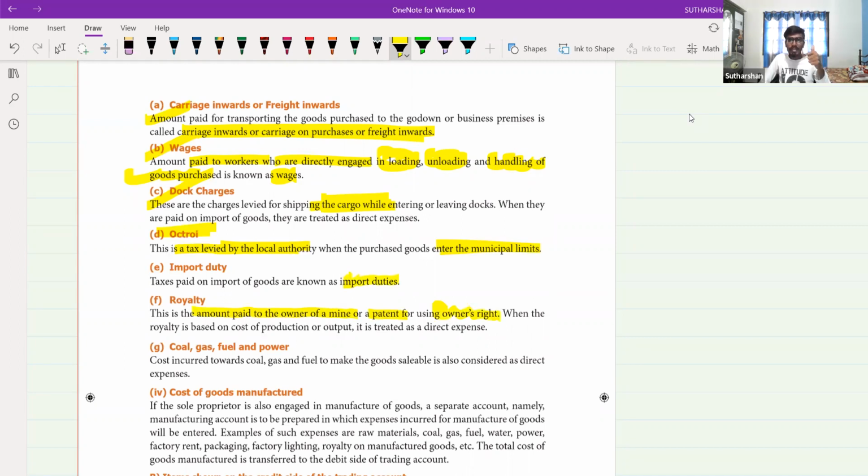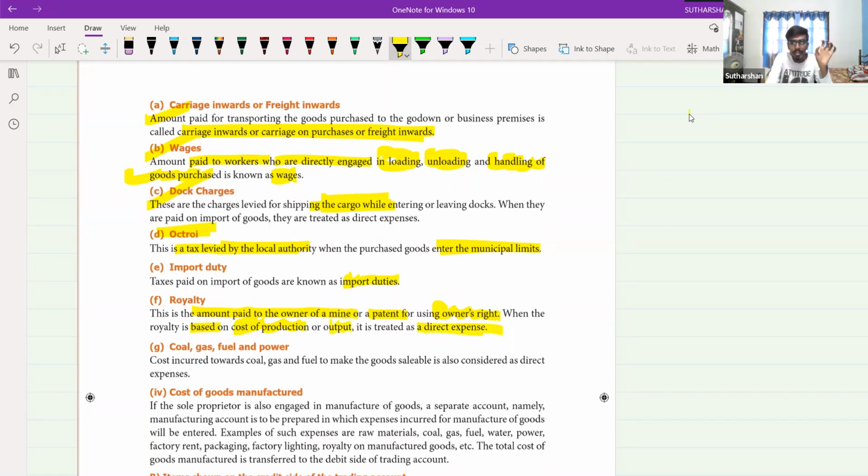For example, if I am writing a book, I may get a royalty. என் புக்கை வேற யாருமே ஓன் பண்ணக்கூடாதுன்னு ராயல்டி வாங்கி வச்சுக்கலாம். That is my right, the owner's right. That is nothing but royalty. When the royalty is based on cost of production or output, it is treated as a direct expense.